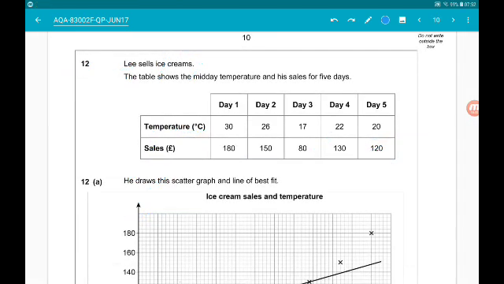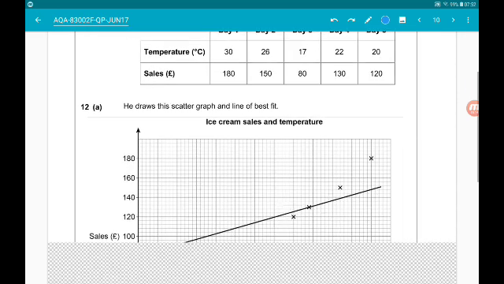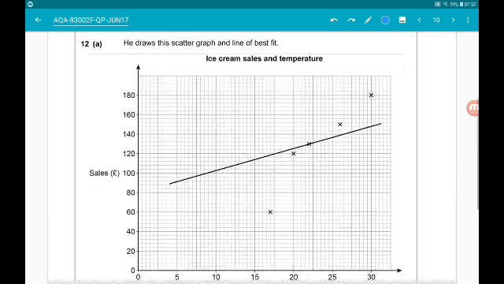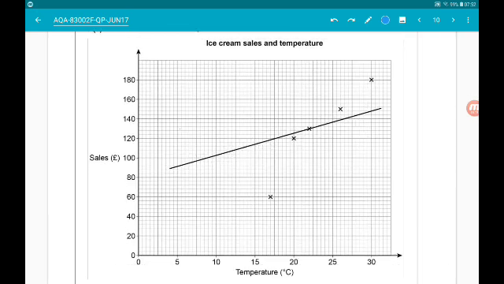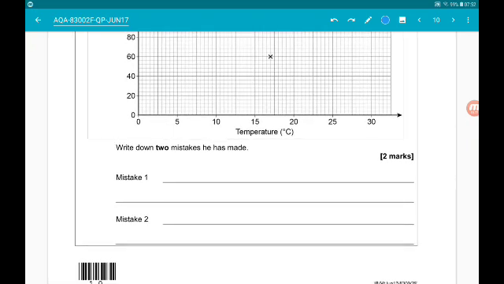Okay, question 12. Lee sells ice creams. He records the midday temperature and sales for 5 days. So we got those in the table. He draws a scatter diagram to show the information. We want to find 2 mistakes.